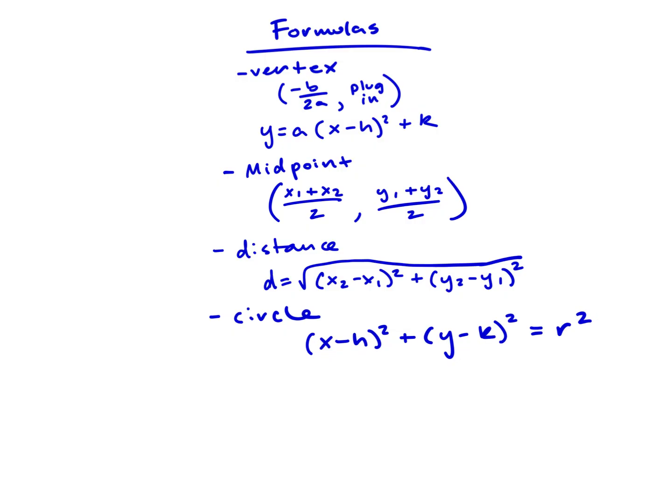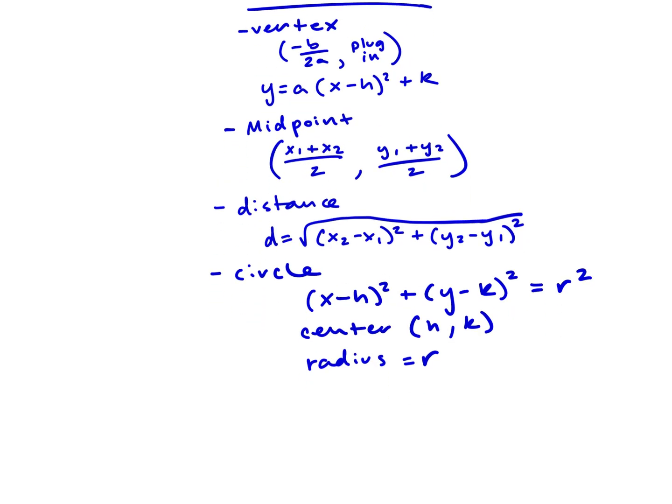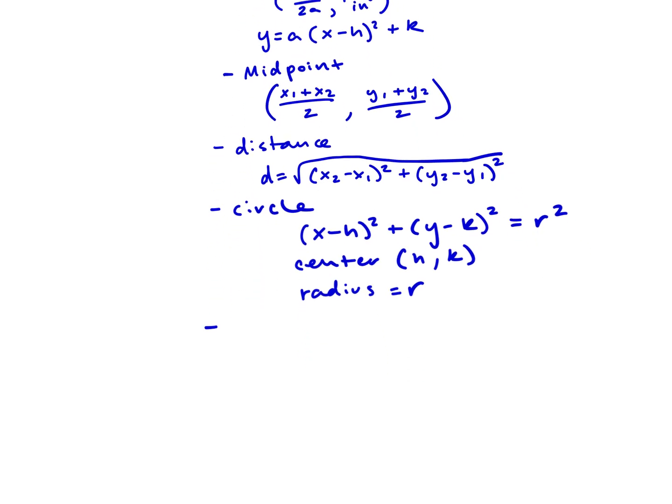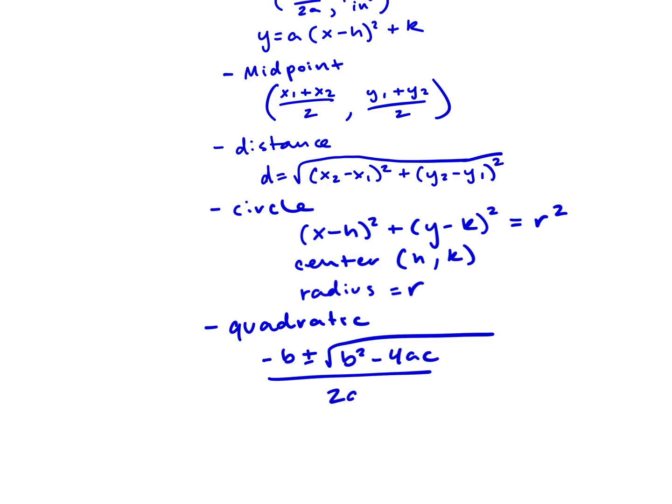So the center would be h comma k, and your radius is r. You should know your quadratic formula too. Negative b plus or minus the square root of b squared minus 4ac over 2a.